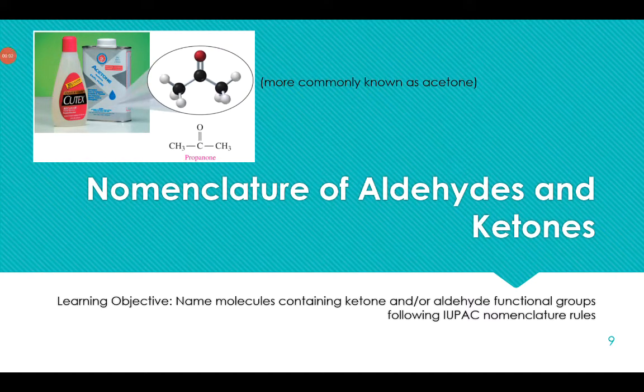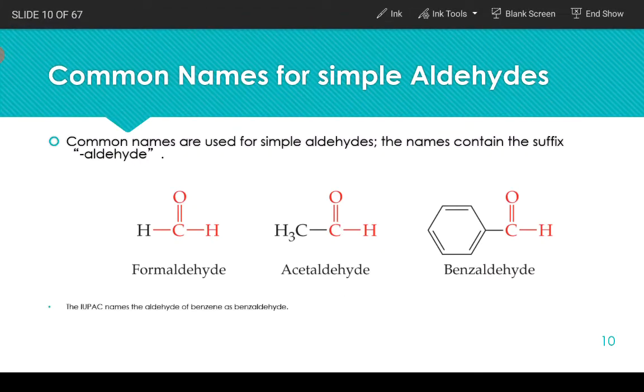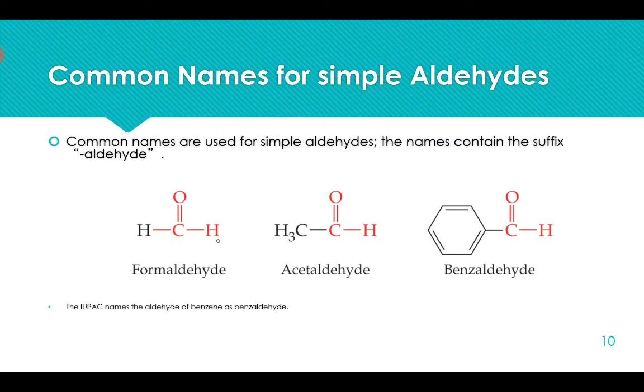In this video, we're going to be learning about nomenclature rules for aldehydes and ketones following IUPAC nomenclature rules. There are some common names for aldehydes that are always used. For instance, formaldehyde, you'll see it has the word aldehyde in it, acetaldehyde, and benzaldehyde.